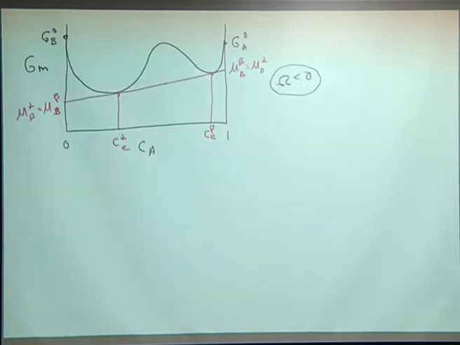And so what that means is that this picture that I drew here is clearly going to be a function of temperature. At high temperatures, this free energy begins to change.